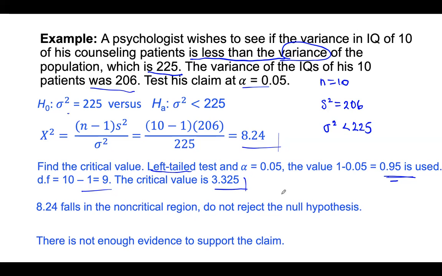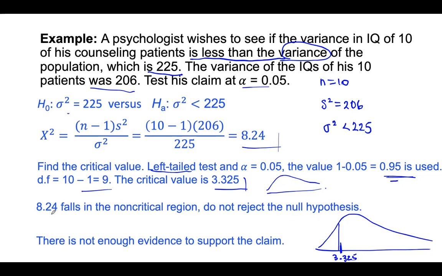So we could sort of draw this. It's kind of skewed. So I'll try to draw a little sketch to see this a bit more clearly. So this is essentially that value that we found, 3.325.